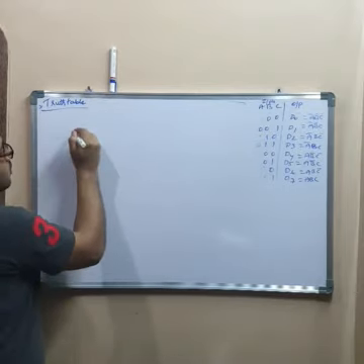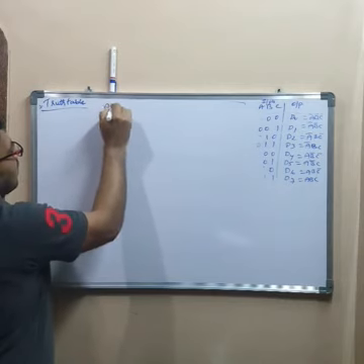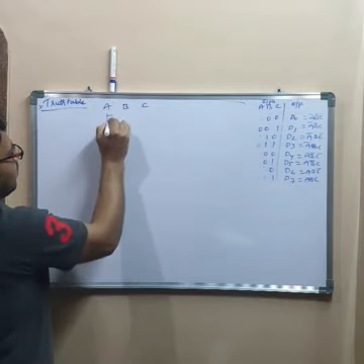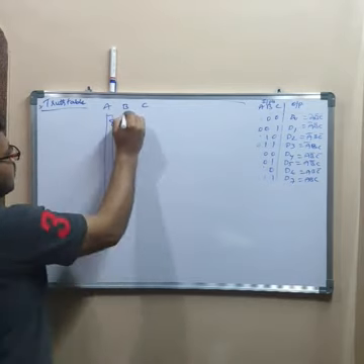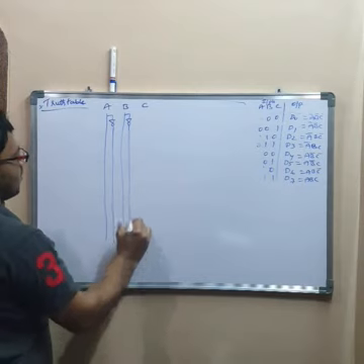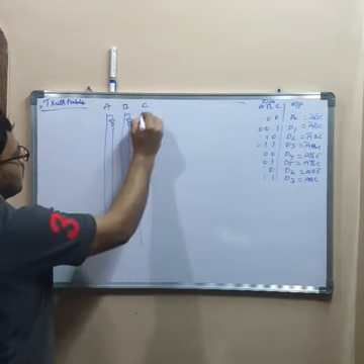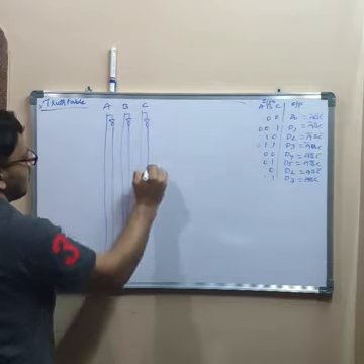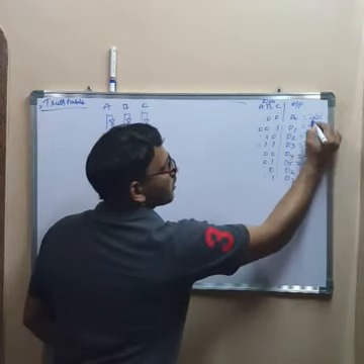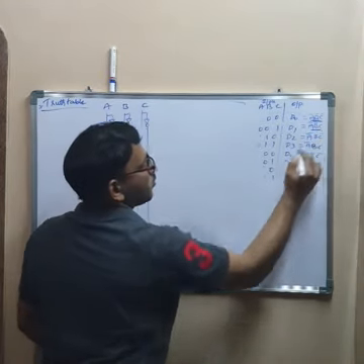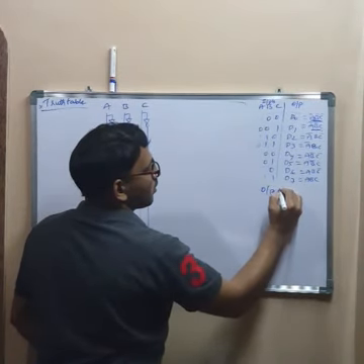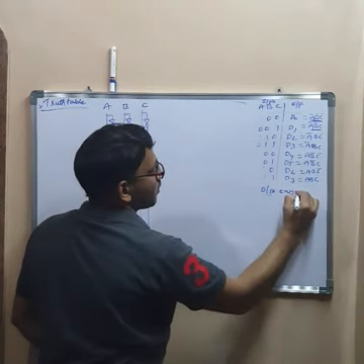So there are three inputs, A, B, C and its complements. So total there are, this is nothing but a minterm. These are the outputs, right? Output expressions.